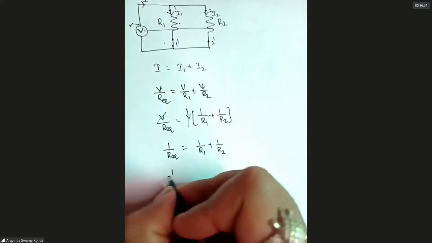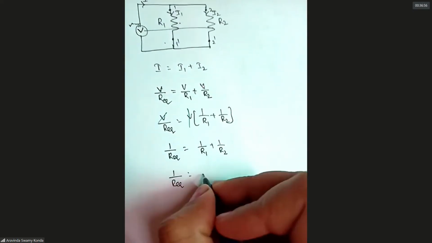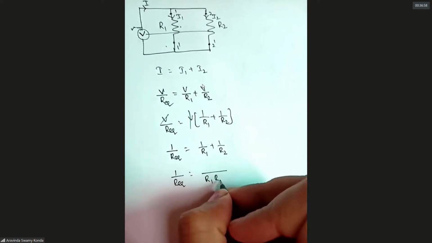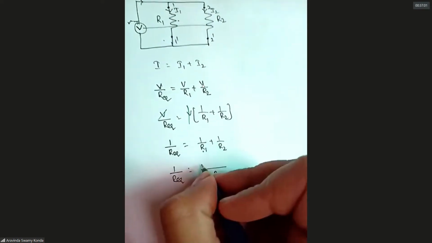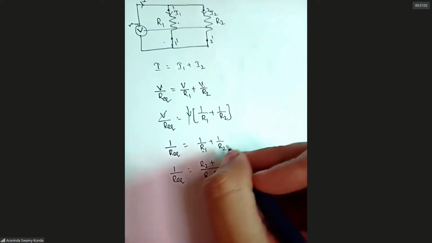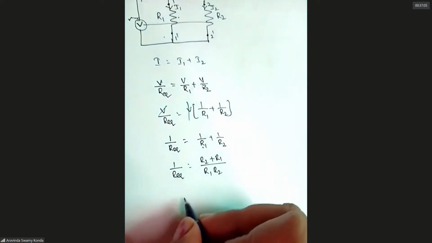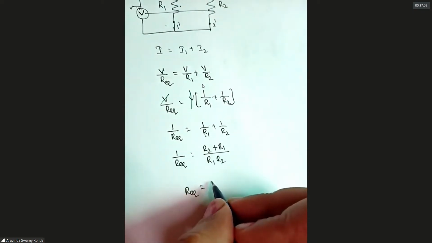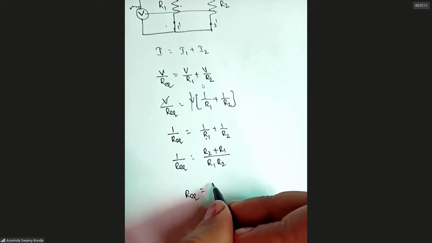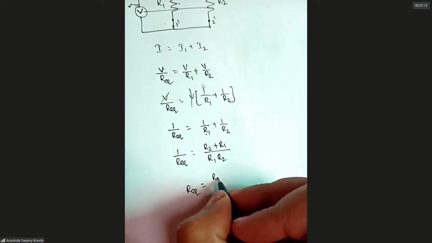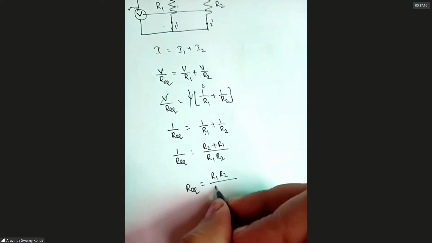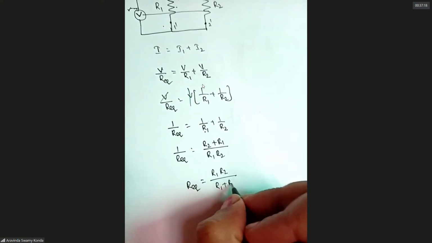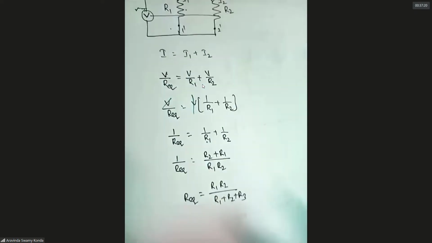Take the LCM of R1 and R2. Here R1 is there, so you write R2. Here R2 is there, so you write R1. I require R equivalent, that is R1 R2 by R1 plus R2.